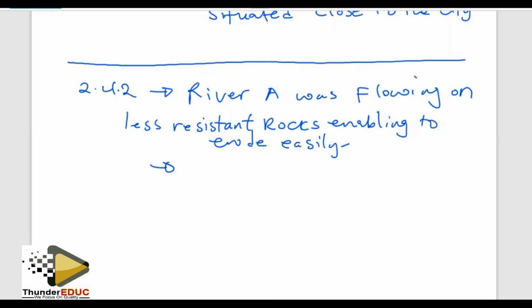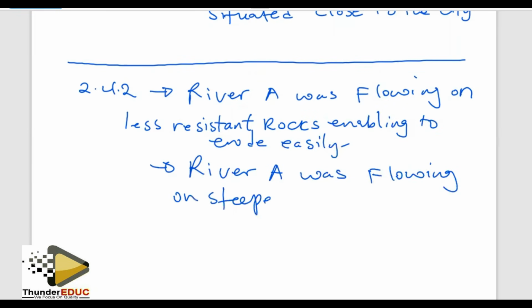Or you could say river A was flowing on a steeper gradient, making it more energetic.